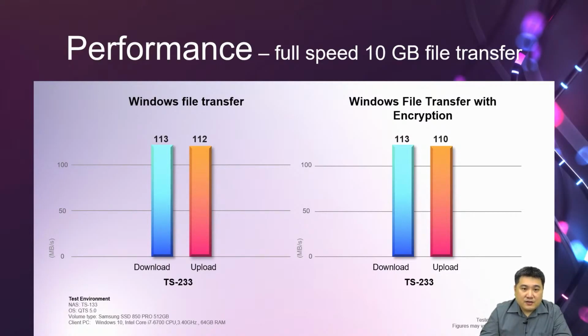The transfer speed is about 113 megabytes per second over gigabit Ethernet. That is around 88 seconds. Moreover, the encrypted transmission speed also remains high, almost the same as the standard file transfer.